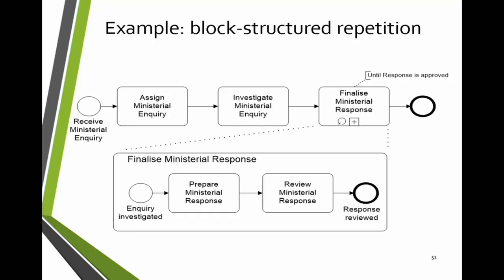Well, the same holds for a sub-process or for a task that iterates, that loops. If you have this loop marker, I always expect that you as a modeler add the data condition which I need to check and which the model or the system needs in order to know whether the iteration happens or not, right? So that's the, until response is approved, that's the data condition that makes that I know when this loop will terminate, will end.